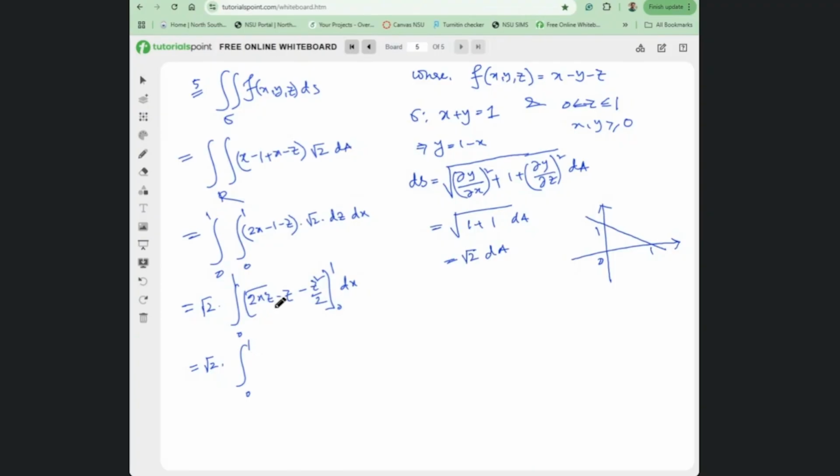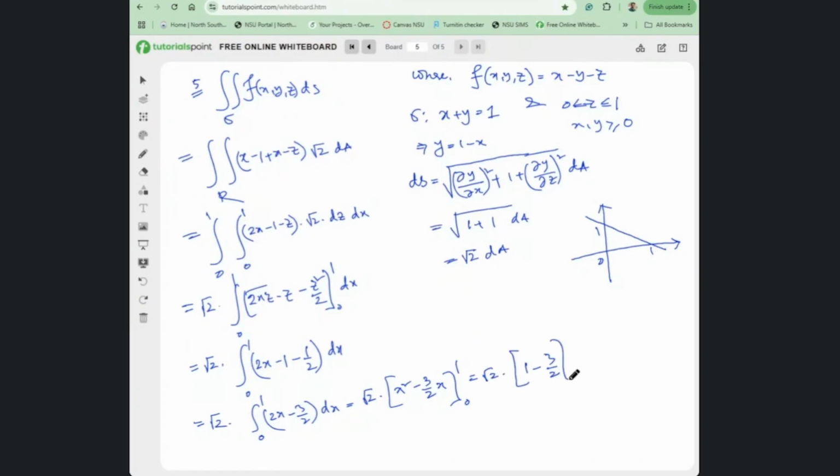Square root of 2, integral 0 to 1 of 2x minus 1 minus 1 over 2 dx. That is 0 to 1 of 2x minus 3 by 2 dx. When we complete the integration, this will be 2 times x square by 2 minus 3 by 2 x, 0 to 1, result coming out with 1 minus 3 by 2.